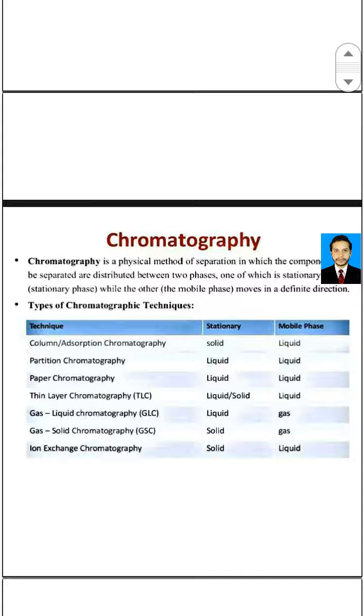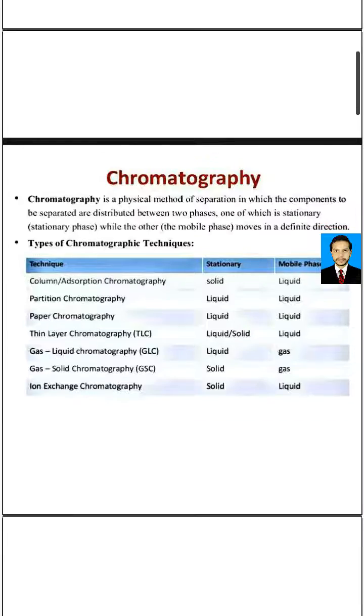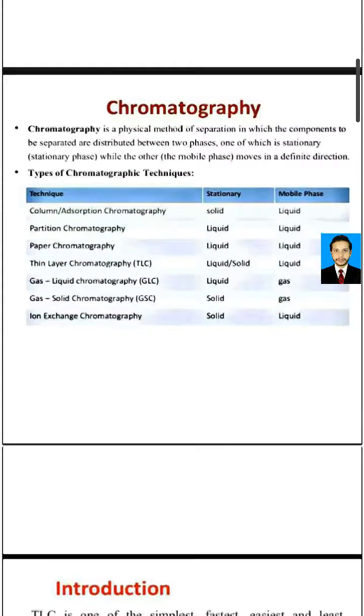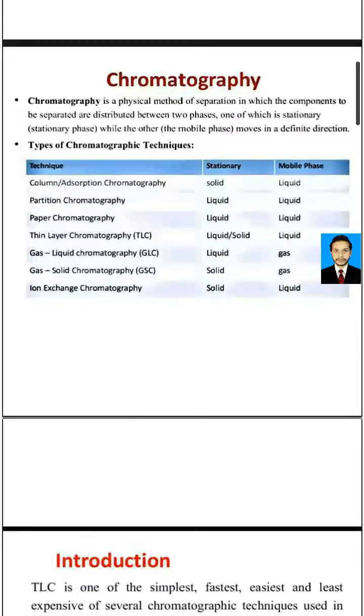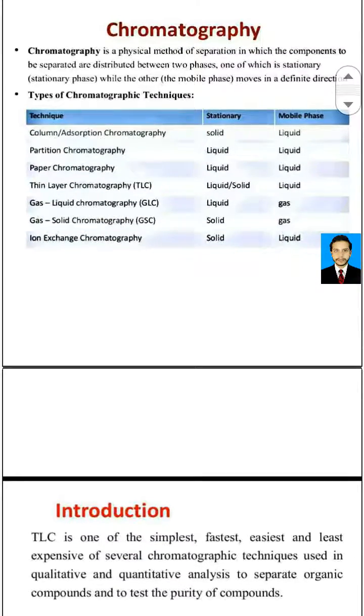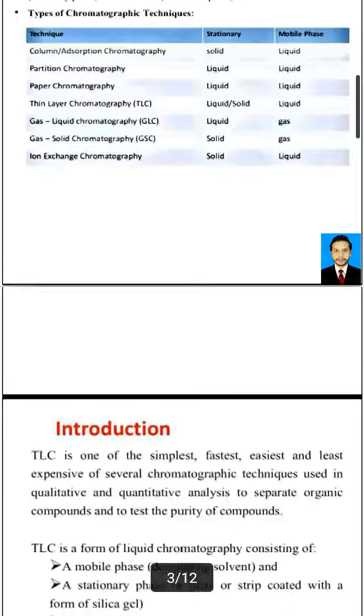As you can see, techniques, stationary phases and mobile phases. Today I am going to explain thin layer chromatography, in which the stationary phase may be liquid or solid and the mobile phase is always a liquid.